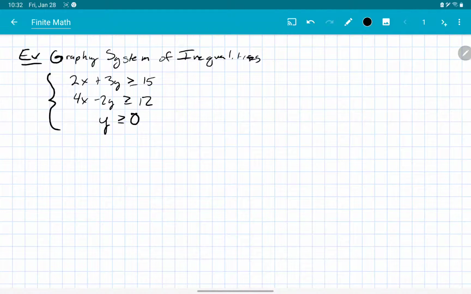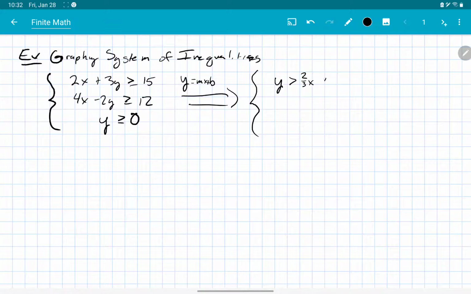The first step is to get into y equals mx plus b form. We just did that with this other one here. This is the same equation that we just did, except it's a greater than or equal to instead of greater than. So this is y is greater than or equal to negative 2/3 x plus 5. Right? That's just copied from the previous example. Okay.